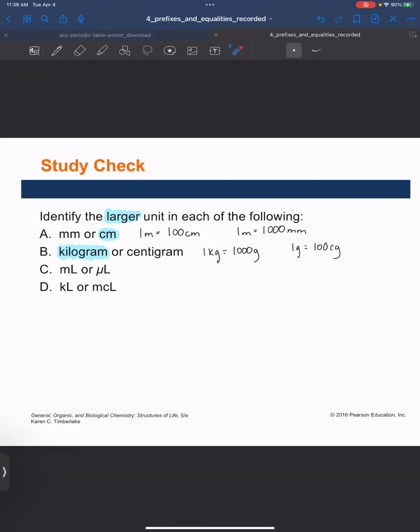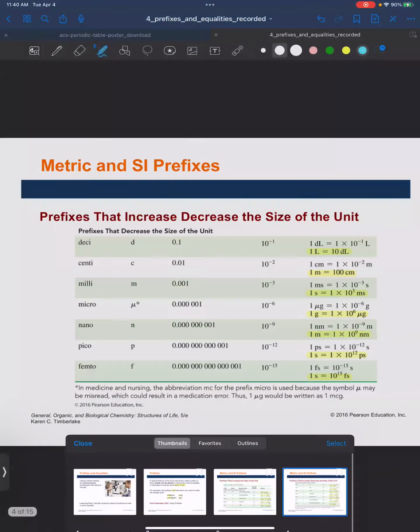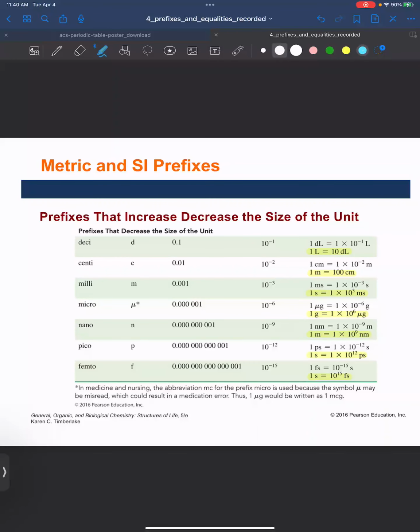What about milliliters or microliters? Excellent. Milliliters is the larger unit. If we go back to our table, we can also refer back to it as we're practicing problems here. You can see, for example, milli was 1 times 10 to the negative third, and micro is 1 times 10 to the negative 6.